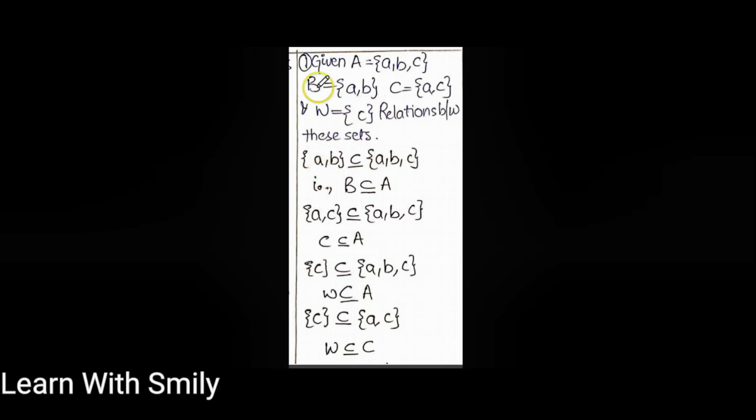So this set is capital B and this set is capital A, so we say B is a subset of A. Similarly, if you take set C, the elements A and C are also present in capital A. So we say capital C is a subset of capital A. And we have another set, capital W, which has element C, which is present in both set C and set A. So we say capital W is a subset of C as well as a subset of capital A.